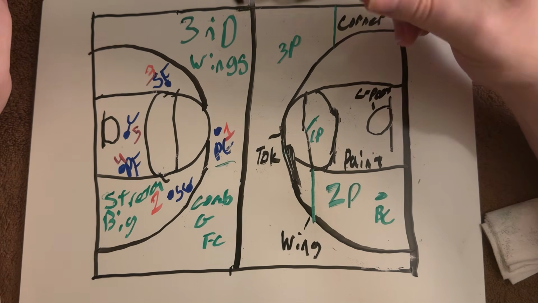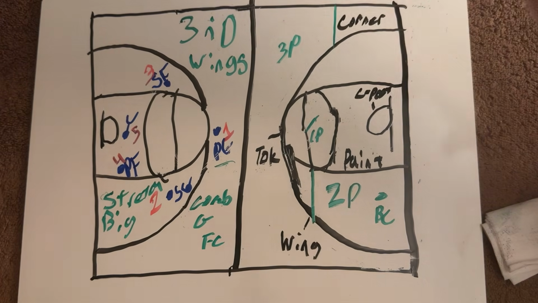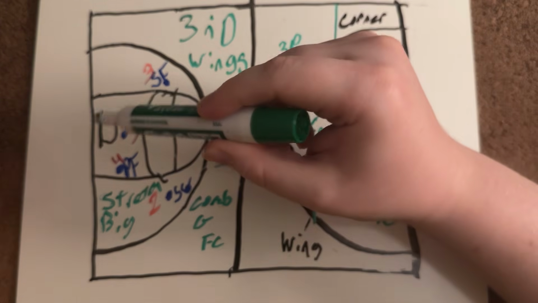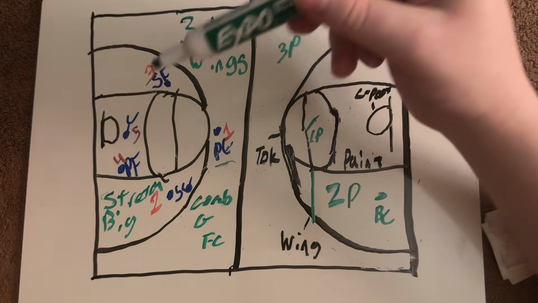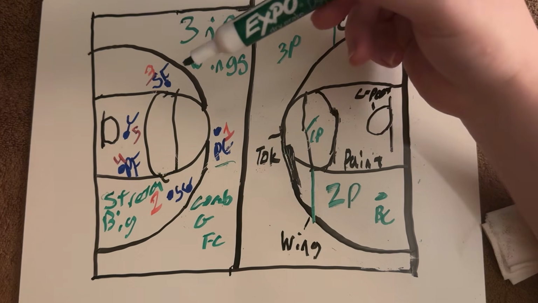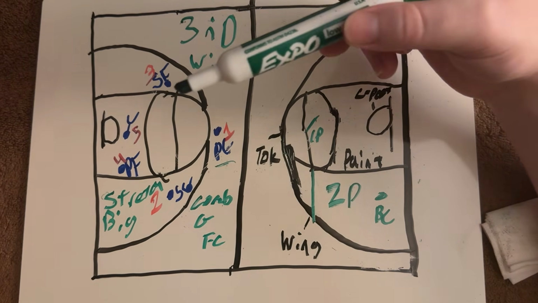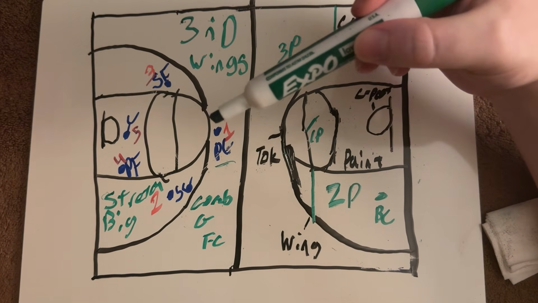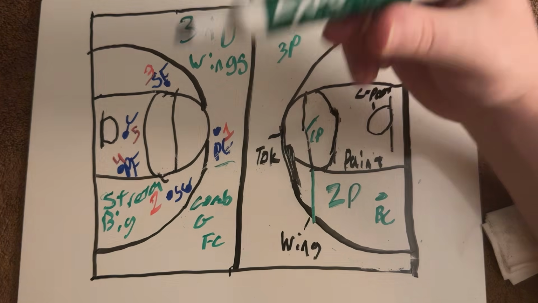So stretch big means a guy that can stretch the defense, because not only is he shooting layups and going into the post and scoring, but he's also capable of shooting 3-pointers. The typical archetype that I think of when I think of a stretch big is Karl-Anthony Towns.